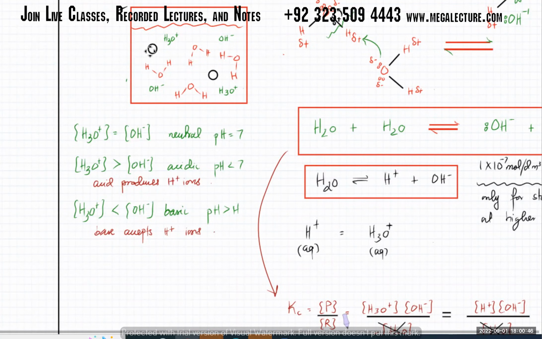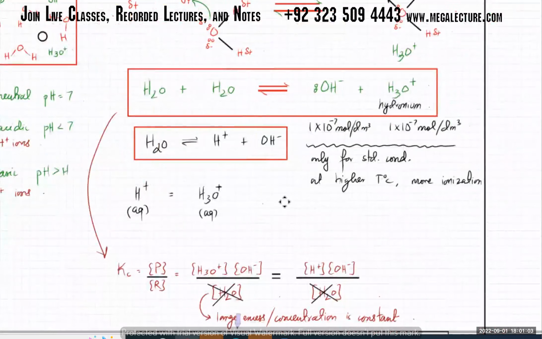Every reaction, this particle A and particle B, if they're reacting together, they would depend on this, and some reactions would require more H plus one ions or H3O plus one ions, and some of them would require more OH ions.